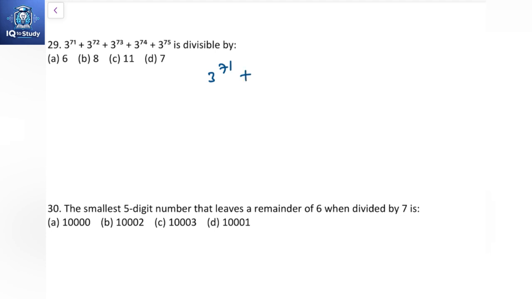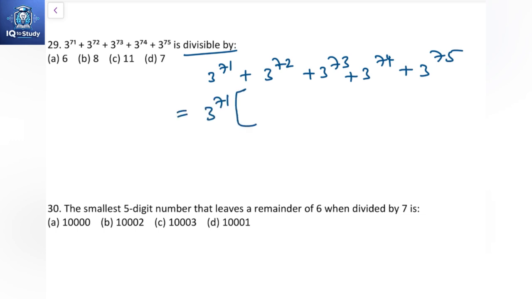3 power 71 plus 3 power 72 plus 3 power 73 plus 3 power 74 plus 3 power 75 is divisible by. Let's simplify it as 3 power 71 into 3 power 0, which is equal to 1, plus 3 power 1 plus 3 power 2 plus 3 power 3 plus 3 power 4.